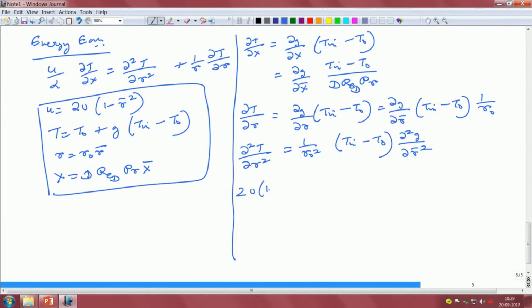So, 2u (1 minus r bar square) by alpha, (T in minus T naught) by D into Re into Prandtl number and dg by dx bar, right. That is the first term.